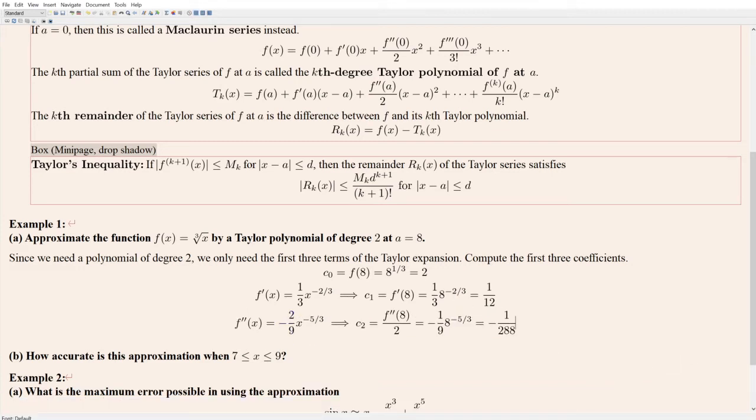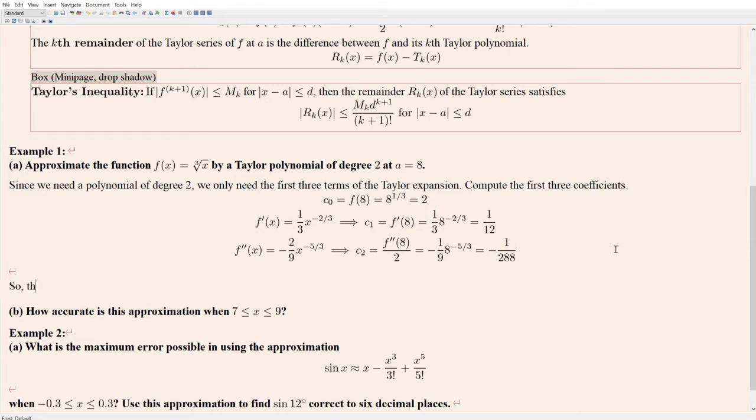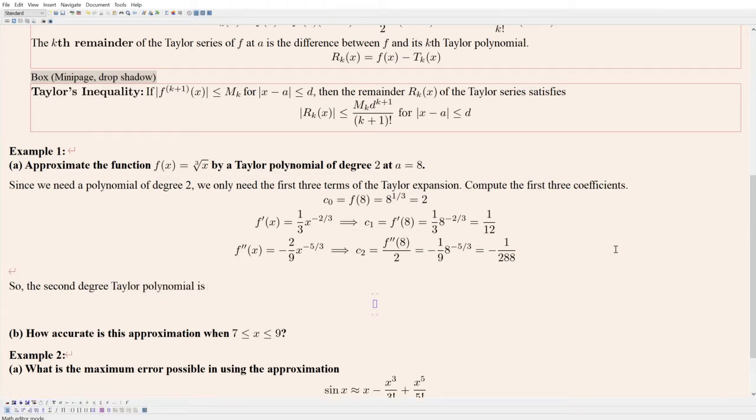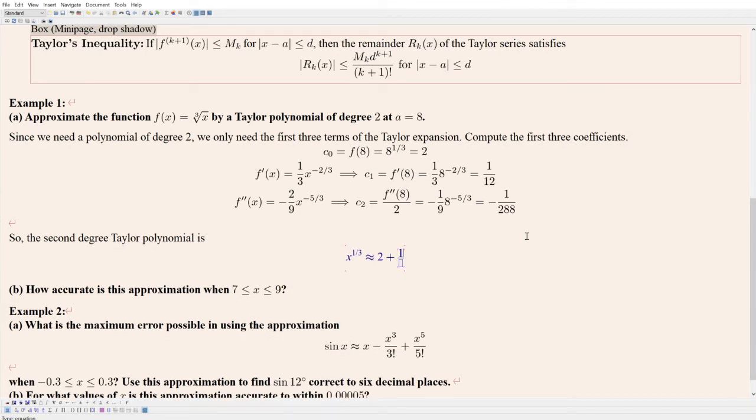Okay, so with the coefficients in hand, we can now compute the desired Taylor polynomial. The approximation is 2 plus 1/12 (x minus 8), right?